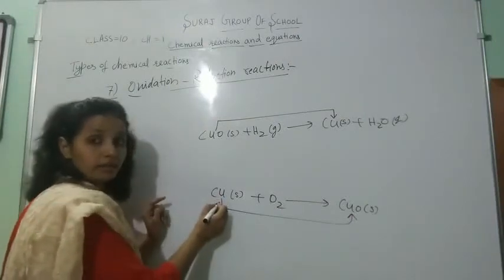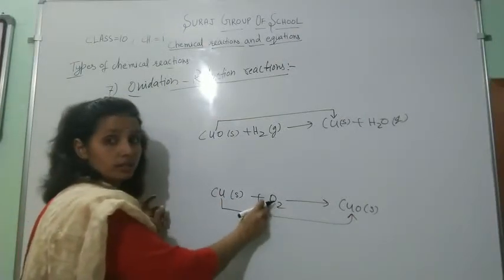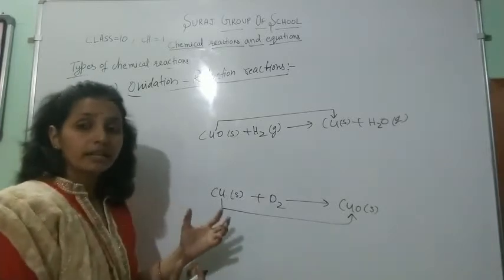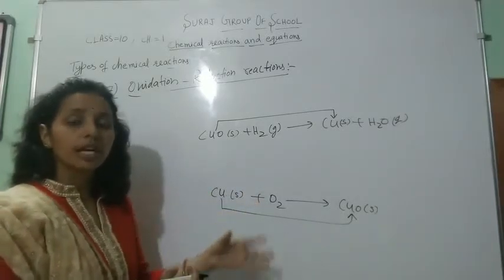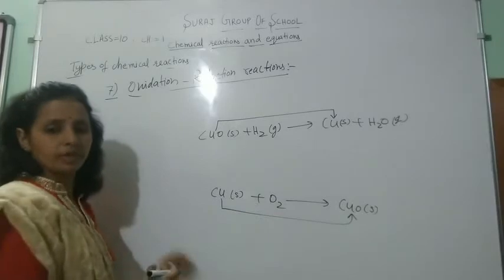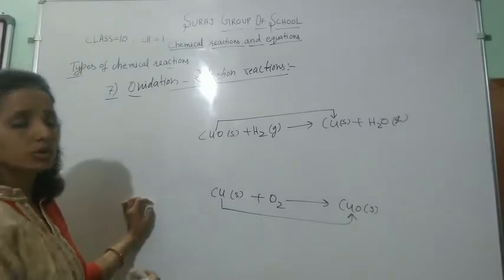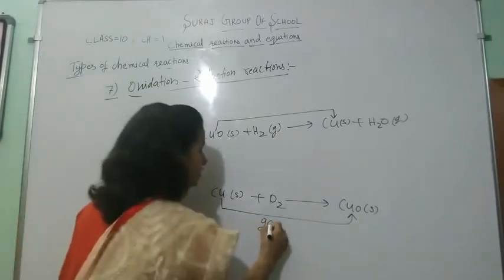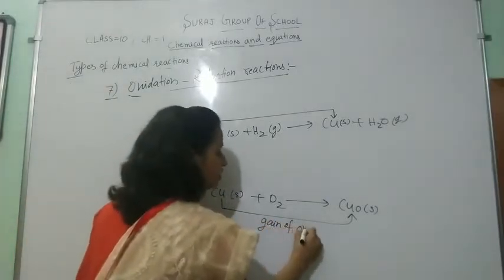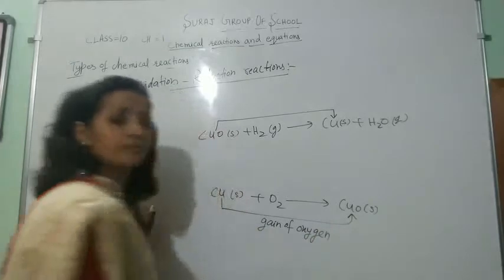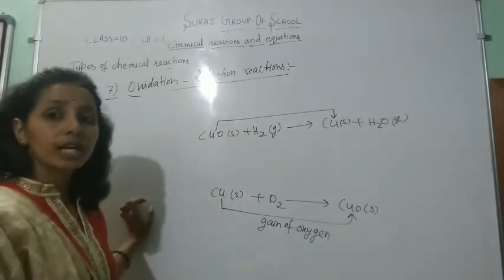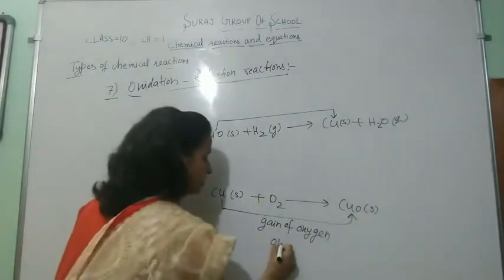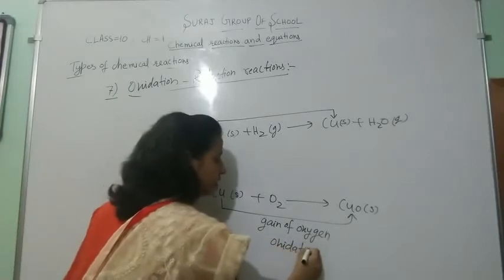Copper, an element, combines with oxygen, so there is a gain of oxygen. Gain of oxygen is known as oxidation.